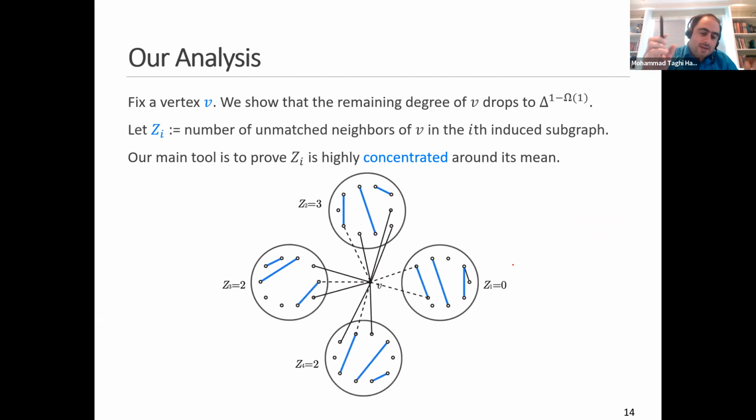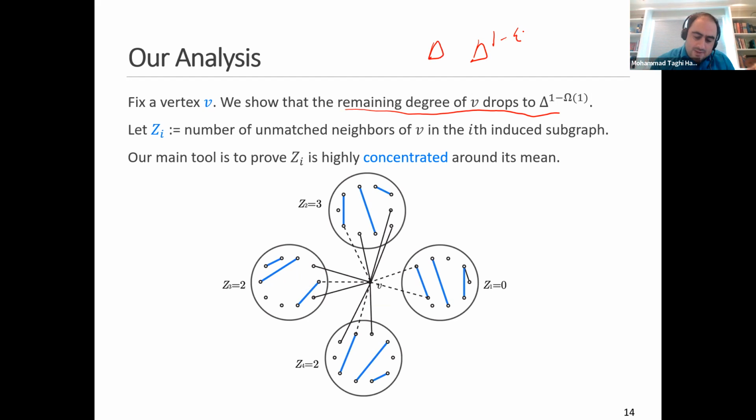We can show that when we do one round of MapReduce, some of these vertices which are matched will be gone. Those vertices which are not matched, the degree of these goes from delta to delta to the 1 minus epsilon, for some constant epsilon. Good.